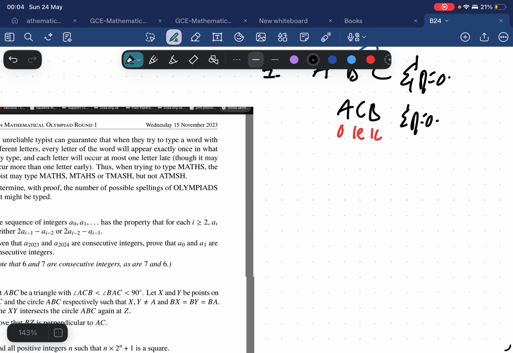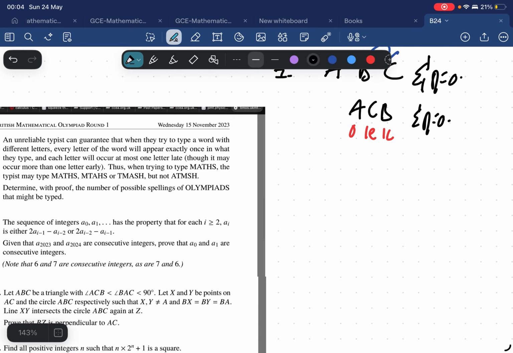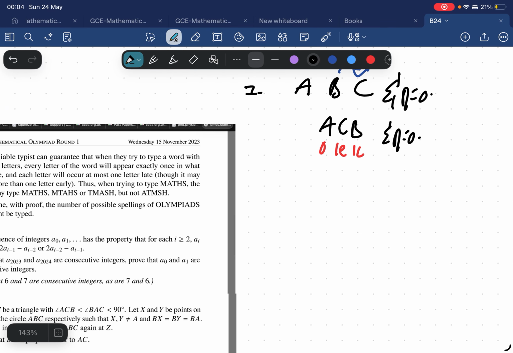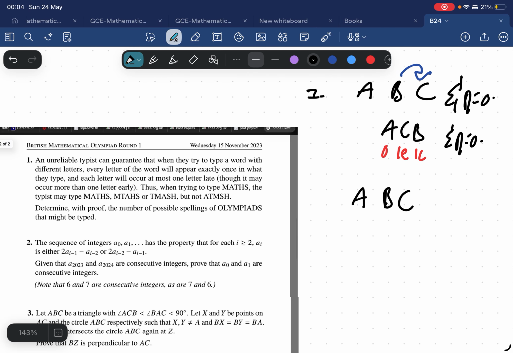What's more interesting to look at is, I guess, the degrees of freedom we have here. So we have A, B, C. You can see that each letter of the word will occur at most 1 letter late.